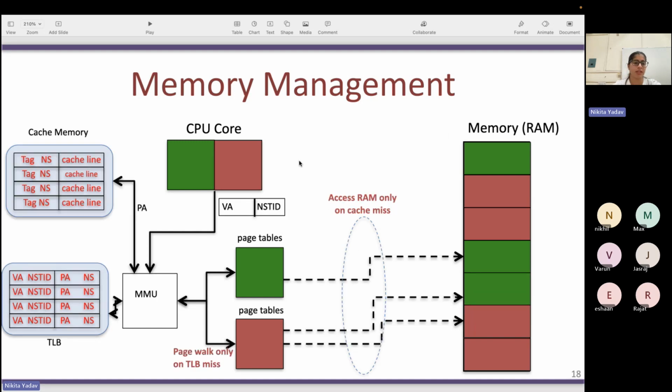And similarly, even when you cache some data in your caches, along with the cache line data and the tag, you will store the NS bit. So all of these hardware components are made aware of this NS value.